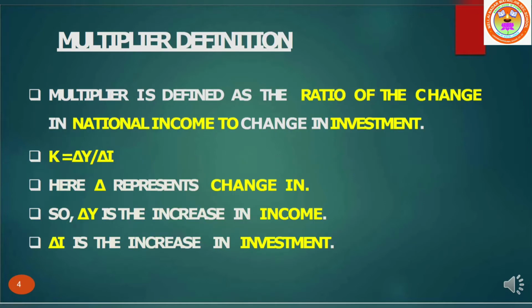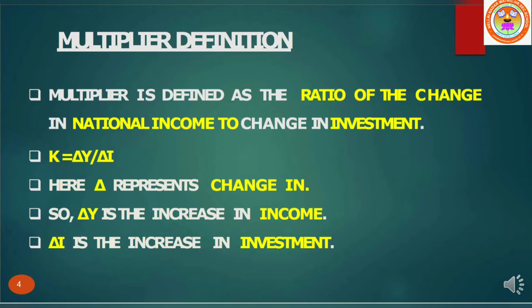Definition of multiplier. Multiplier is defined as the ratio of change in national income to change in investment. Multiplier K is the ratio of increase in national income due to an increase in investment.